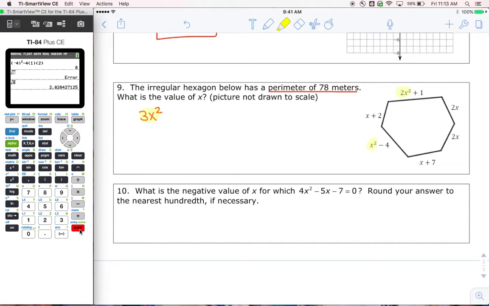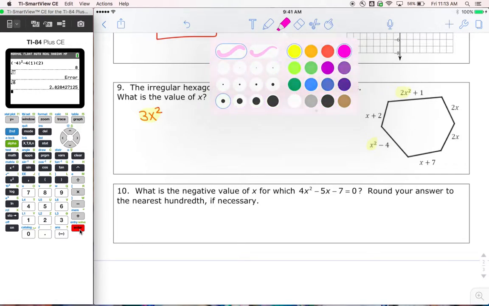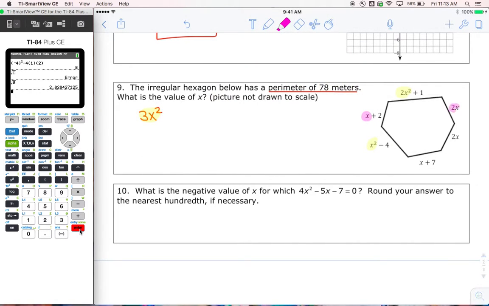Now I'm going to look at terms that just have x. I got x and 2x and 2x and x. So if I add those together, I get 6x, because we got 1 plus 2 plus 2 plus 1.